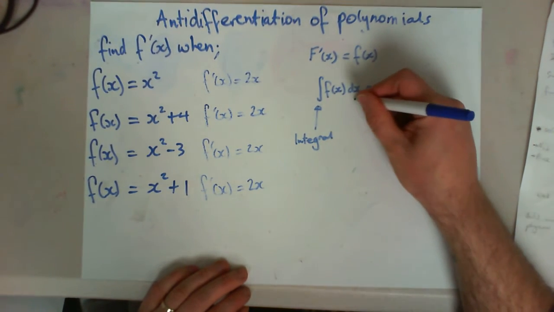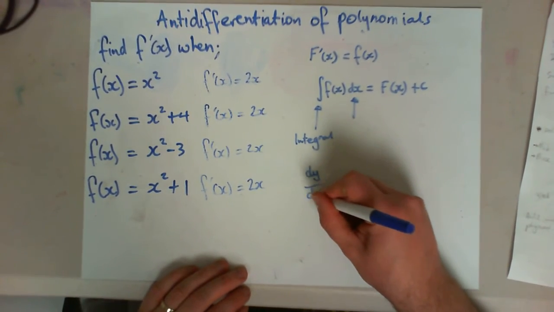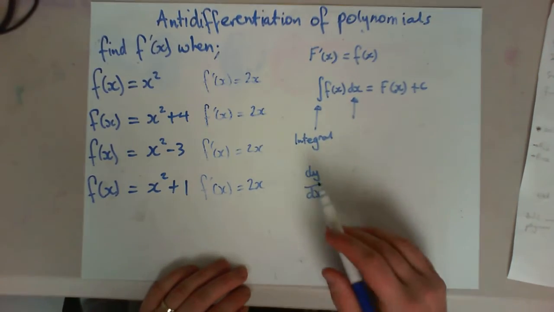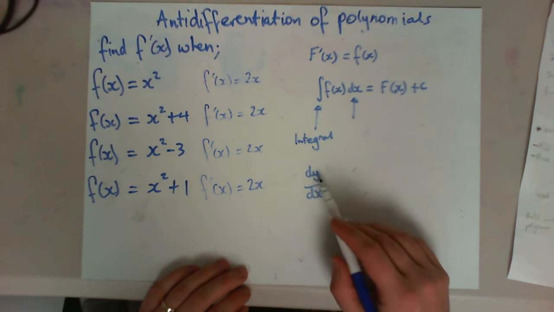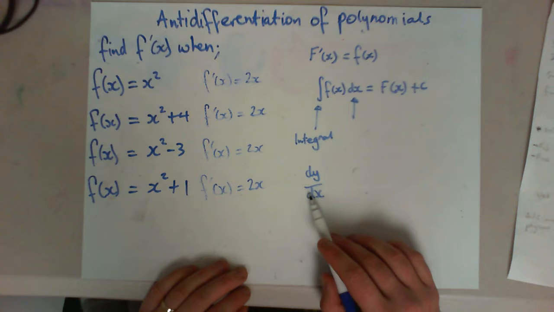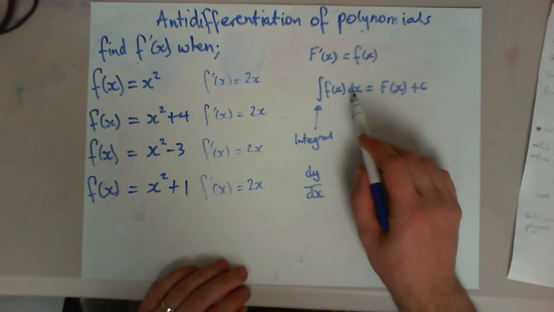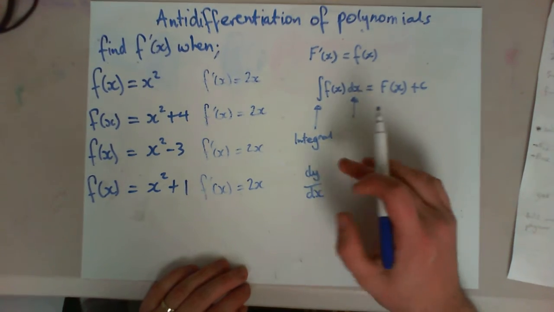Now notice we've got a dx here, similar to our dy dx notation for derivatives, because that was really our derivative of y with respect to x. Well, this is our antiderivative of f of x with respect to x. That's what the dx means.